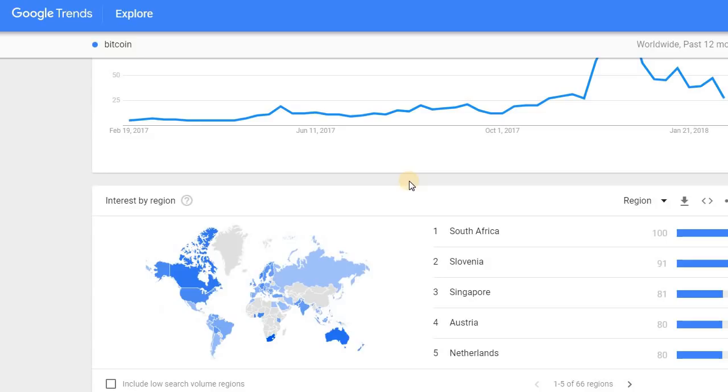Let's say you hold USD or British pounds, and all of a sudden you find out it's going down and down, every day going down 5%, 10%, 20%. How do you protect that value? How do you stop that?